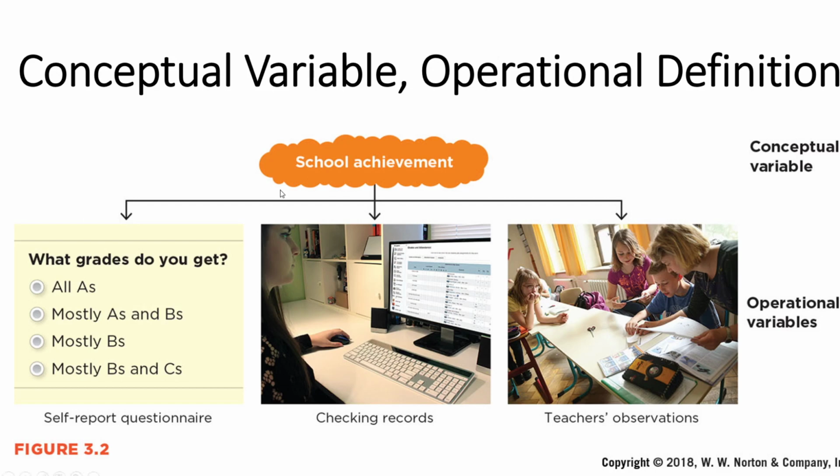And the fact that you have lots of different ways to get at the same concept is why, when you're conducting research, it's so important to go into details, especially in your methods section, and explain how you're measuring everything. You have to give an explicit operational definition of everything that you're measuring, so that others know what methods you used in your experiment.